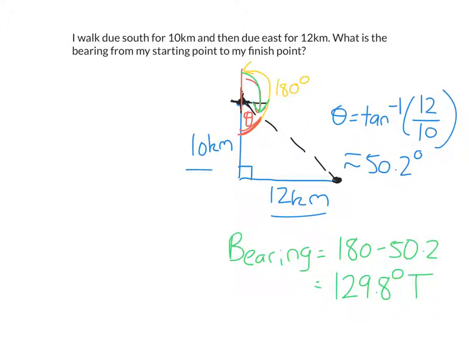And you write a T there because it's a true bearing. So that means if I go 10 kilometers south and 12 kilometers east, the bearing from where I started to where I ended up is 129.8 degrees true.